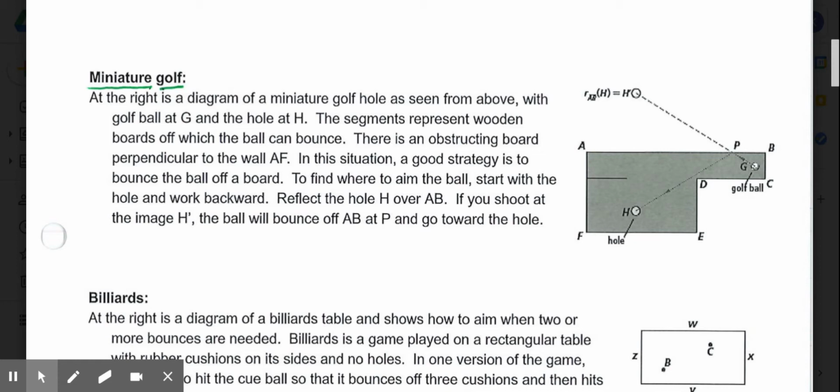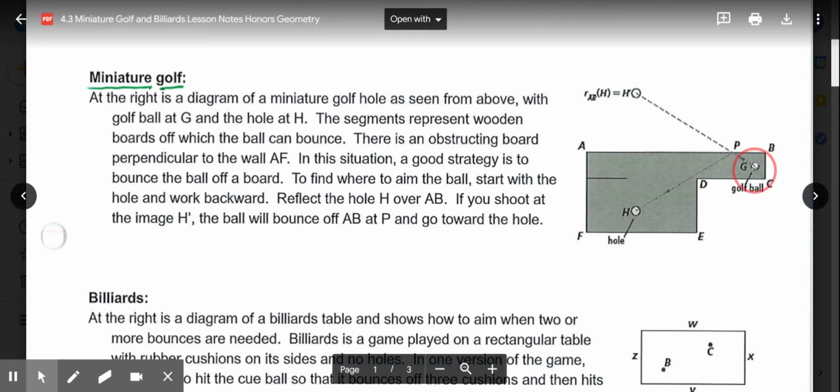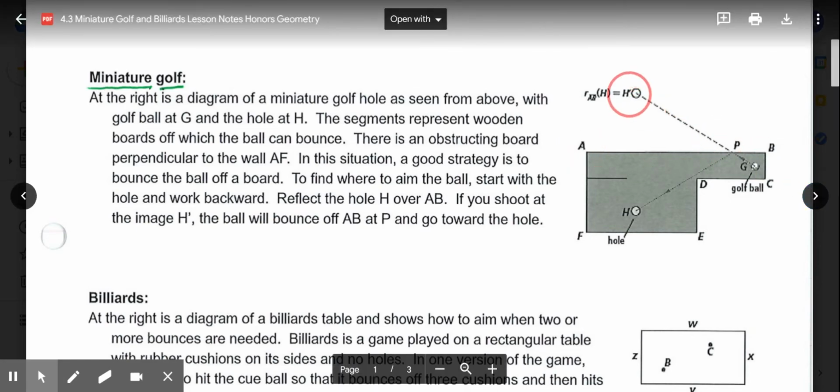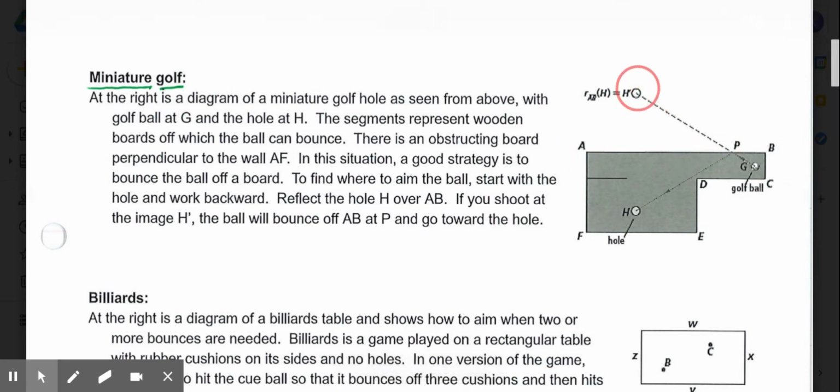This process is what I'll walk you through in the other video. But if we want to hit this golf ball into hole H, we go backward. We first take hole H and reflect it over the wall we're bouncing off of. So hole H would be reflected over segment AB to give us this target point of H prime.